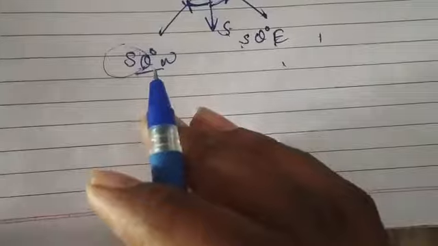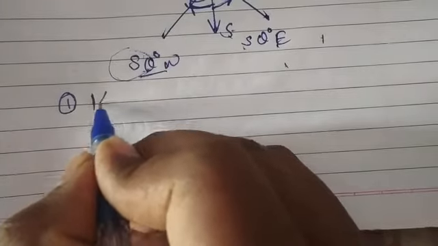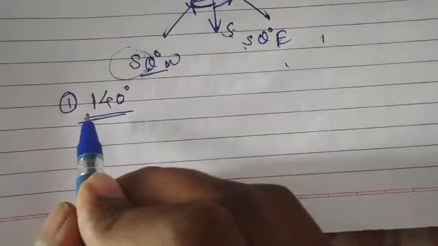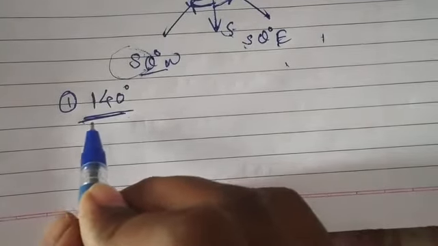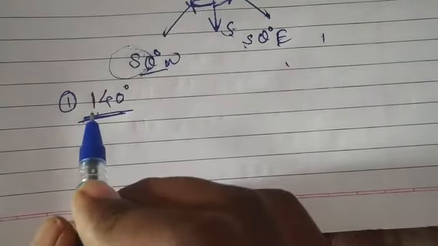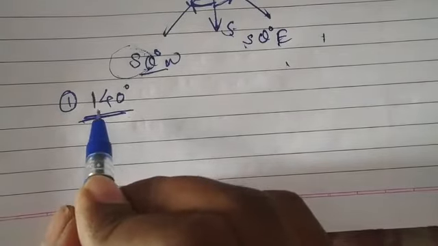Now I'll take some examples. The first example, I'll write directly, is 140 degree. Here we can see that the angular distance is directly represented in degrees, no reference direction is mentioned, and it has a value greater than 90.